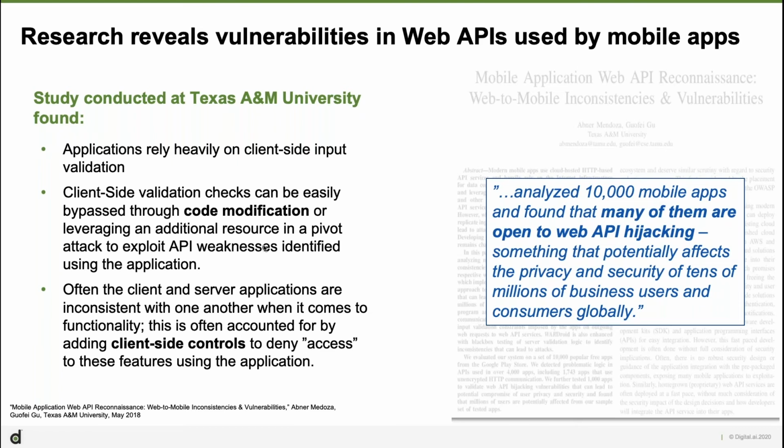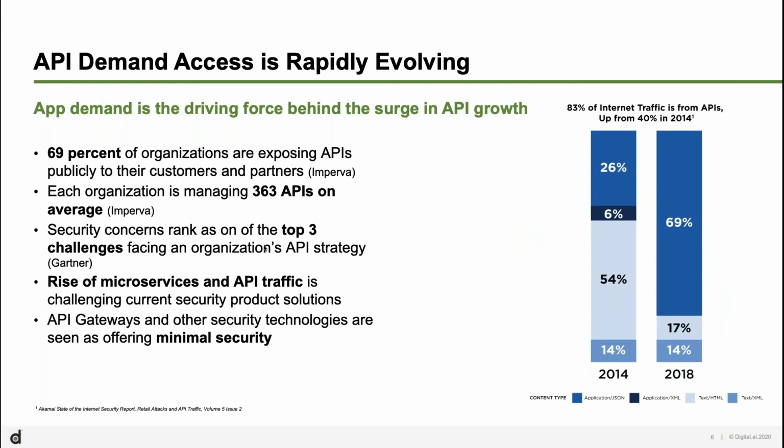Now, when we consider that new array of security challenges involving APIs, what makes it really interesting is the rate at which APIs are being adopted. And this is driven by, you've likely heard the term microservices.